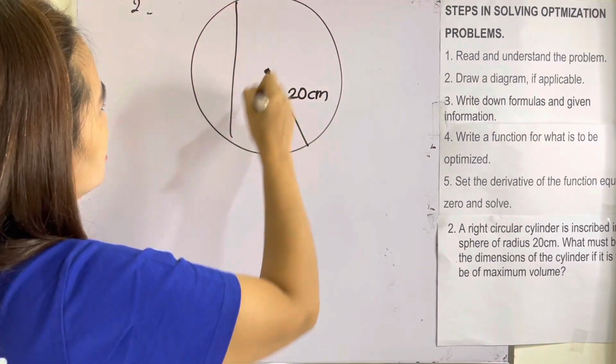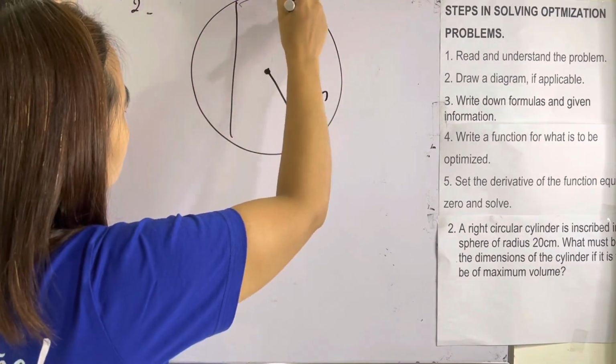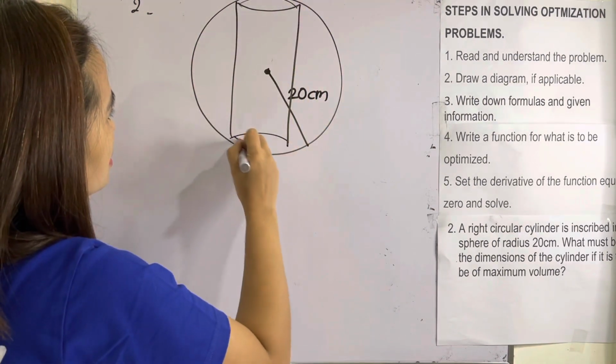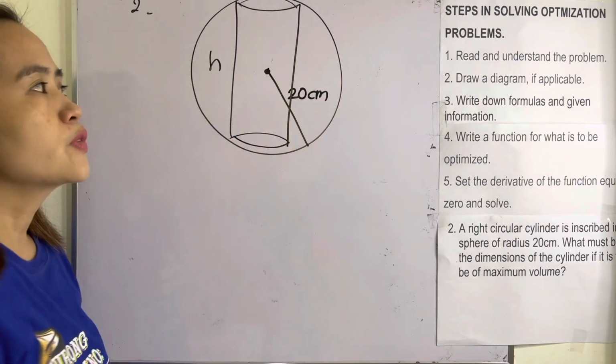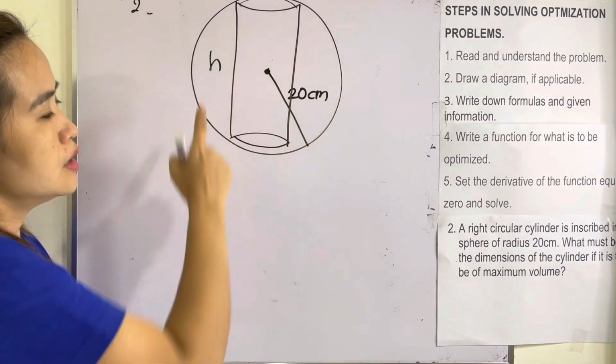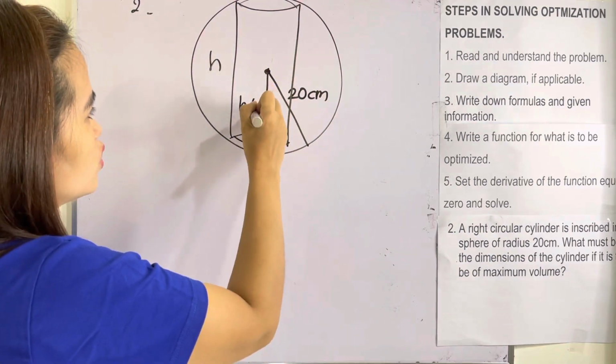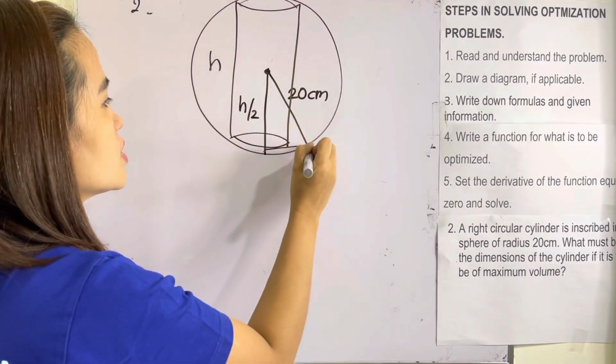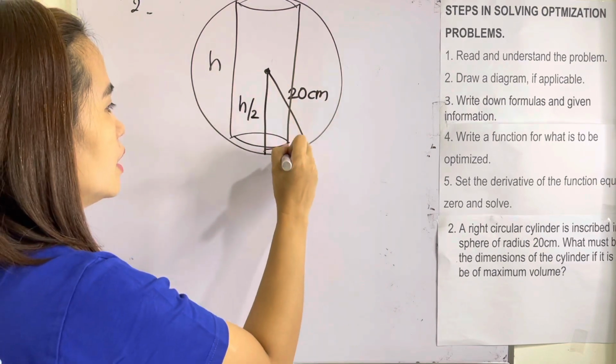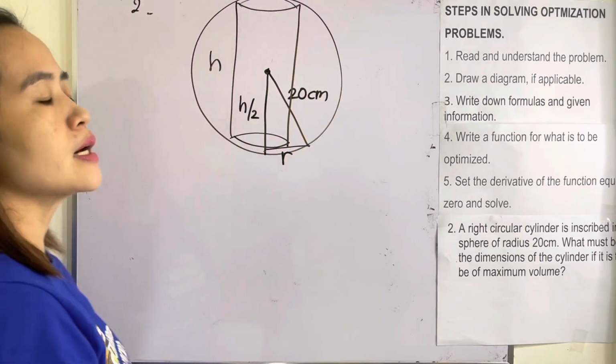We have a cylinder here inscribed. Of course, the height is denoted by h, and we can say that this one is h over 2 and this one is the radius of the cylinder. Let us name it as r.